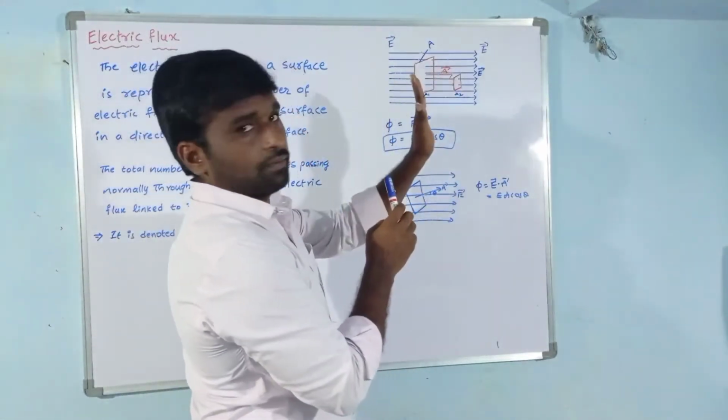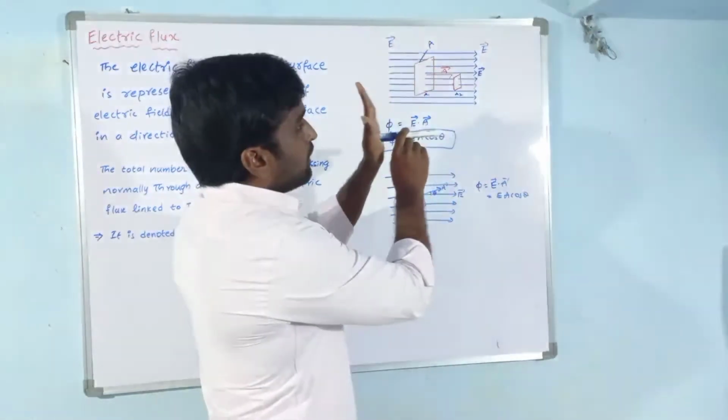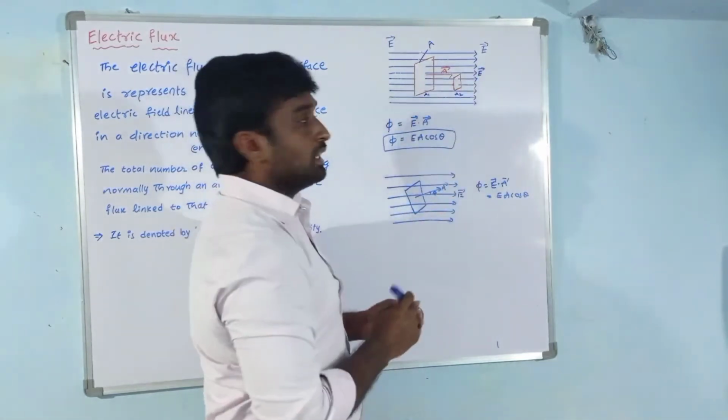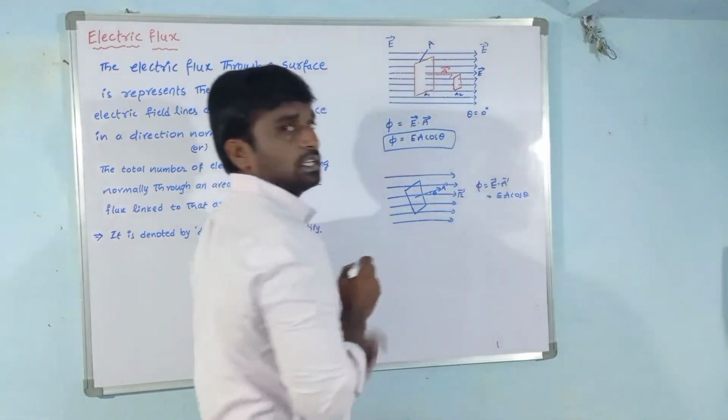This is the plane surface, and this is the area vector. What is the angle between the area vector and the electric field? That is 0 degrees. Theta equals 0 degrees.